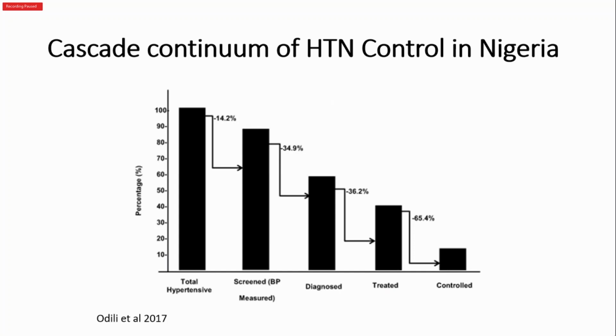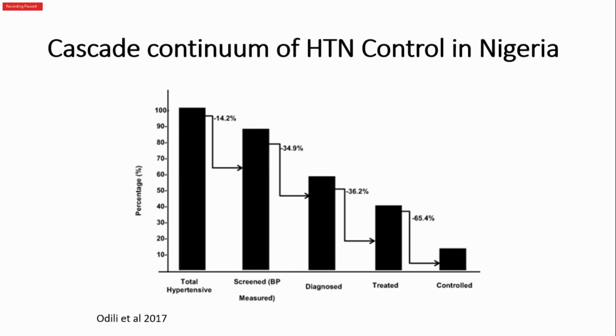Those who are treated, about 40%. And then those who are treated to target, less than 20%. So again, this is like the rule of halves that we see in diabetes. And you find out that the number of people with any NCD that are actually treated to goal are so much smaller than the number that actually have the condition.